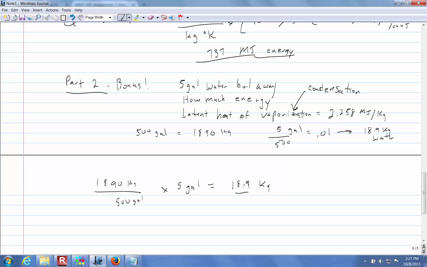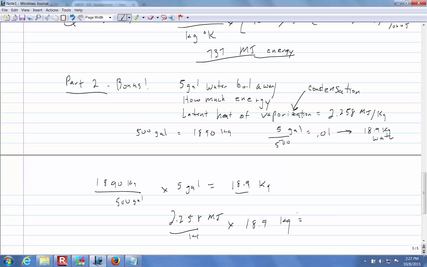Our latent heat of vaporization only requires us to know, since it's at 100 degrees centigrade, 2.258 megajoules per kilogram times the 18.9 kilograms. I don't have that in front of me.